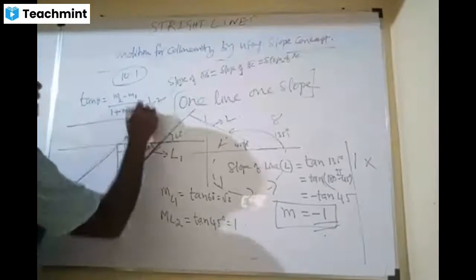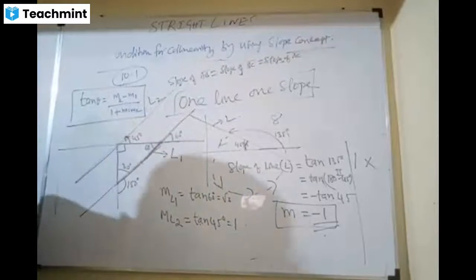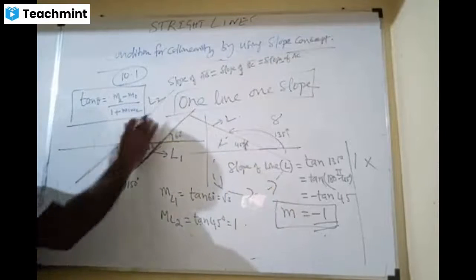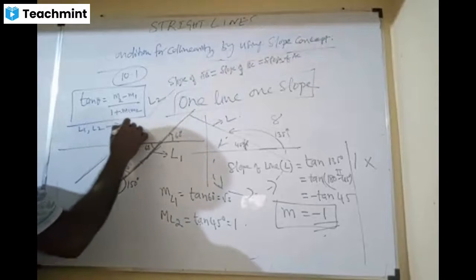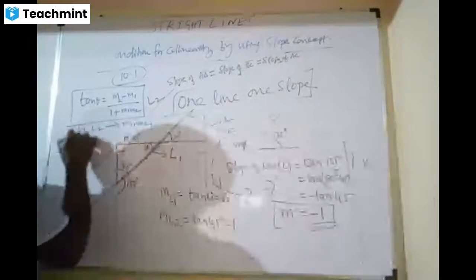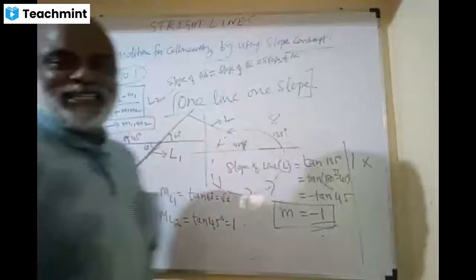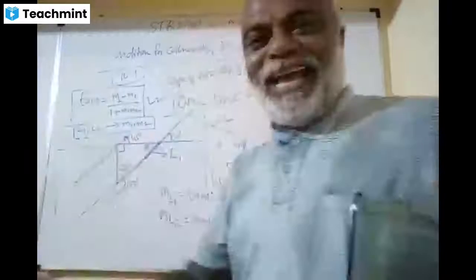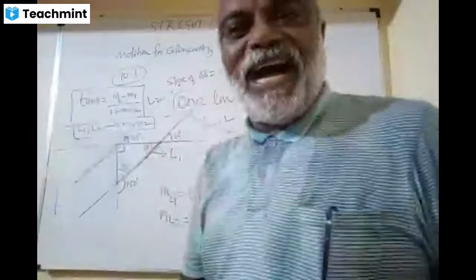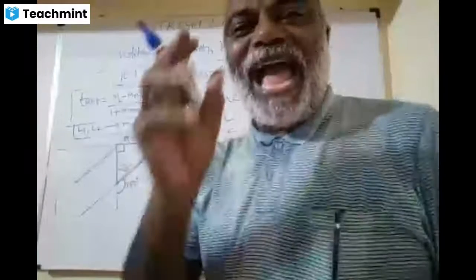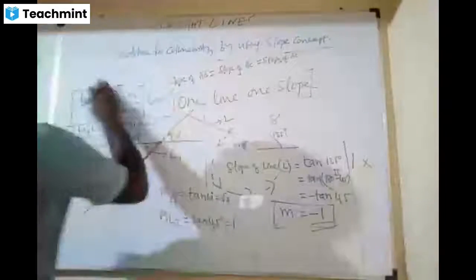I have not done the derivation. That is called the angle between two lines. There are two lines L1 and L2 whose slopes are m1 and m2, and the angle between them is theta. How do you find the angle between the two lines is the question.